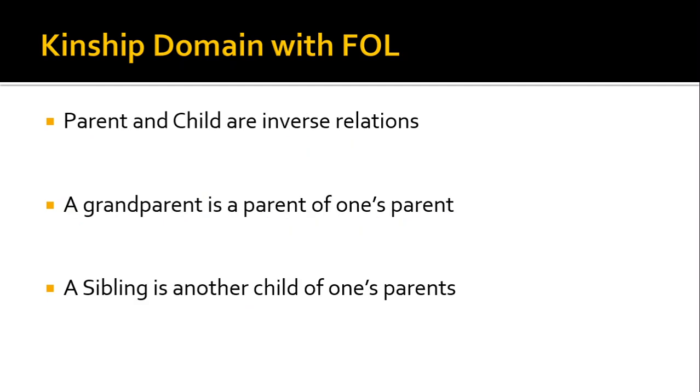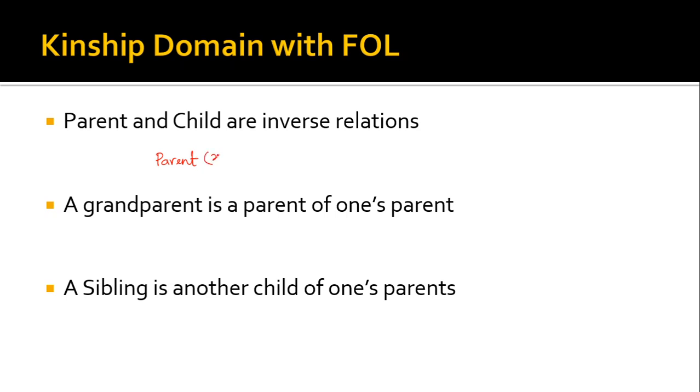How do we represent the statement that parent and child are inverse relations? You know that this is true, but how to model that in first order logic? So let us write the parent relationship.